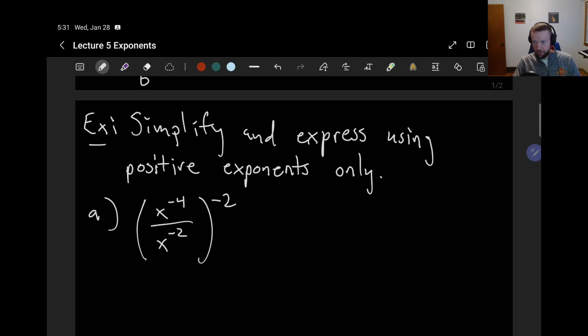It should be possible to get a single x, but then to some power. There's not exactly one way to do this, but I'll just show you what I want to do. I'm going to take care of the inside of the parentheses first. It's a little more in line with the order of operations, like PEMDAS, parentheses first.